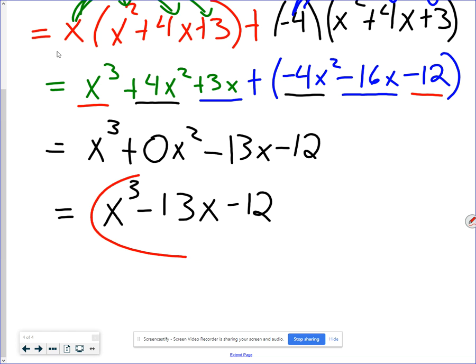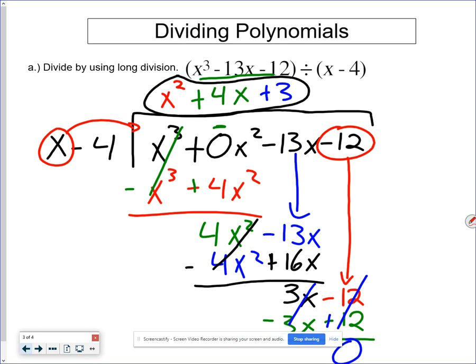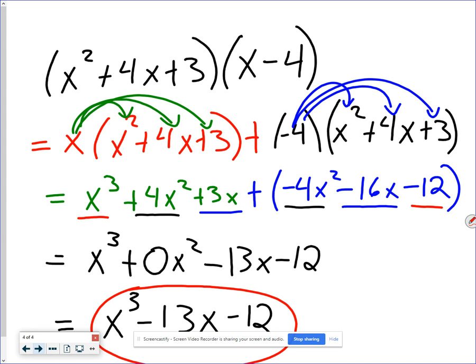And this was the polynomial that we started with in the last problem, x cubed minus 13x minus 12. So if you're ever not sure, you can use the distributive property to multiply everything back out and double check your answer. That could be helpful if you just want to double check that you got the right answer.